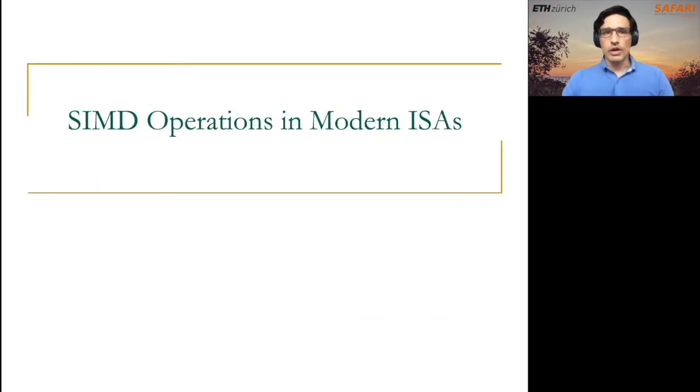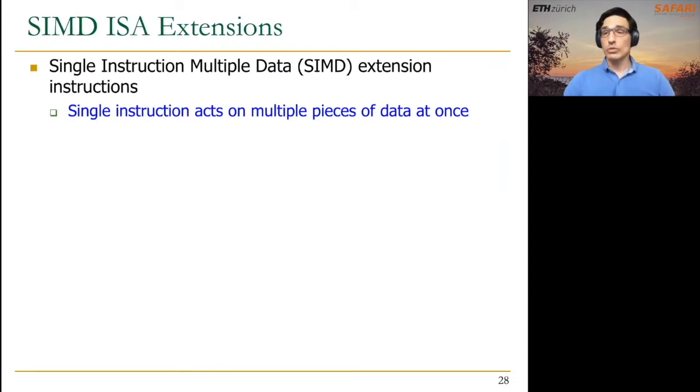So we will very soon finish SIMD operations in processors, but now we are going to see a couple of examples of SIMD operations in modern processors and in modern ISAs. The very first one are all the SIMD applications that we can find in, for example, x86 processors or ARM processors as well.